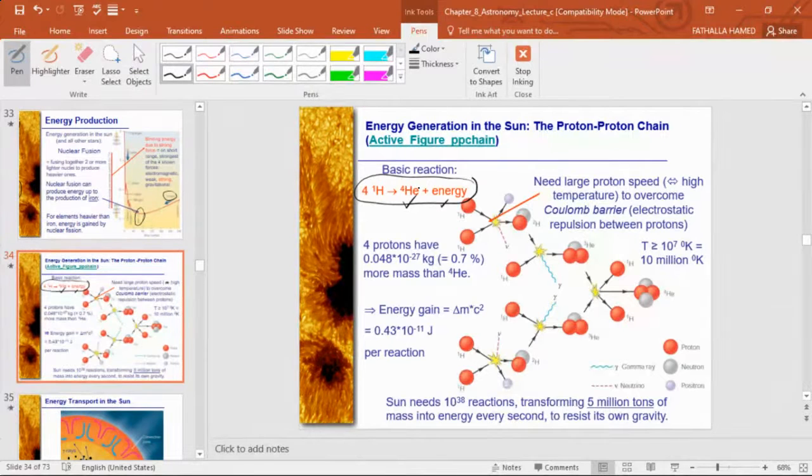So in the process, you lose mass, and that becomes energy that you gain in the form of mc squared.